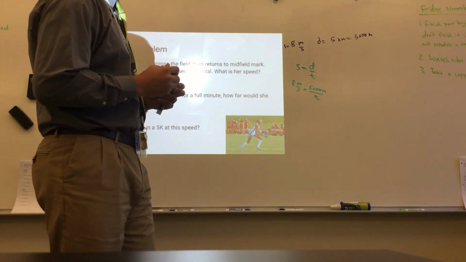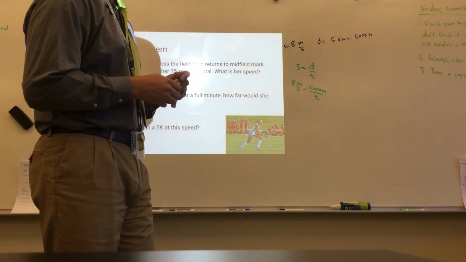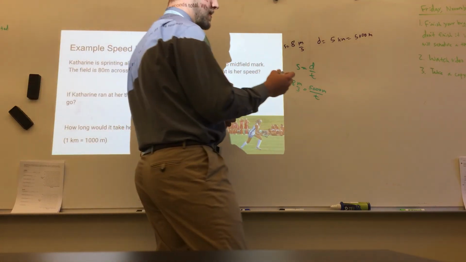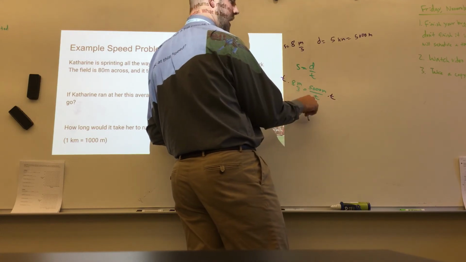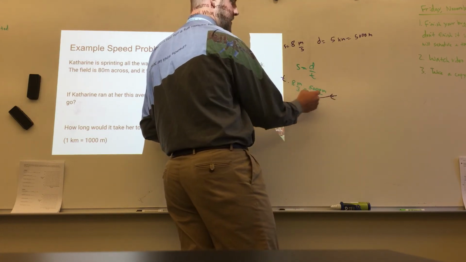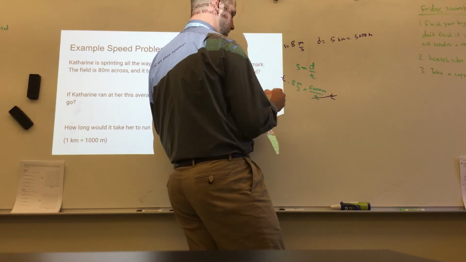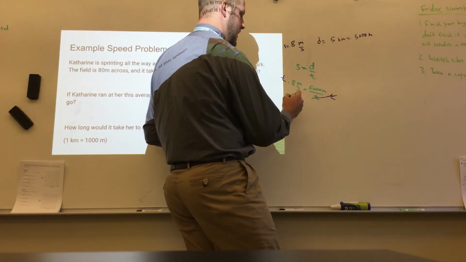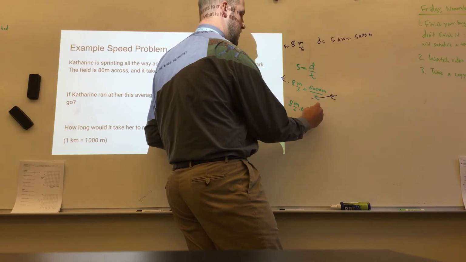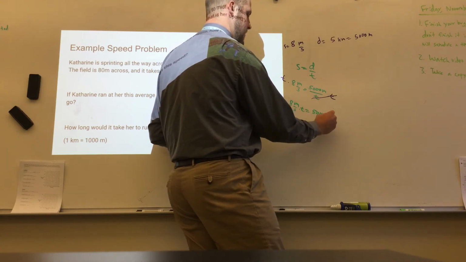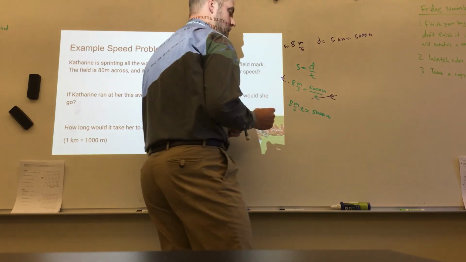This one gets a little bit more difficult. This is kind of like that last acceleration problem we did before, where you're going to have to do a couple steps. You multiply both sides by T, because you want to get T on the top in the numerator. That cancels T out over here. So if I rewrite that, now it would be 8 meters per second times T is equal to 5,000 meters.